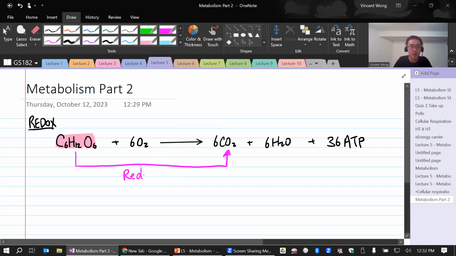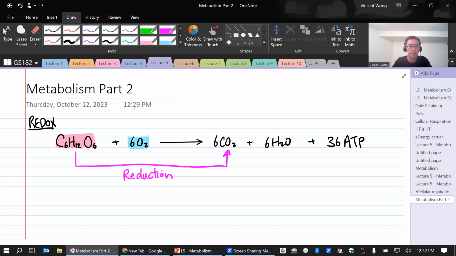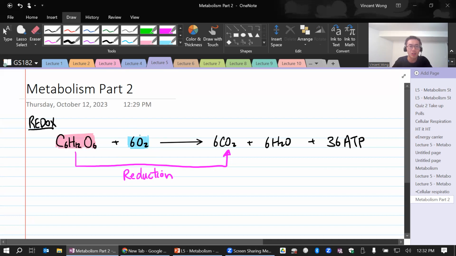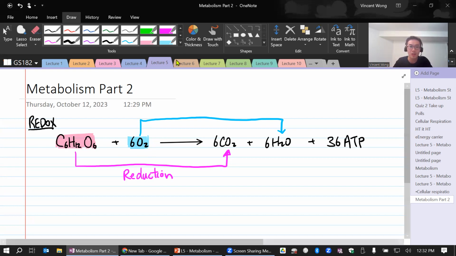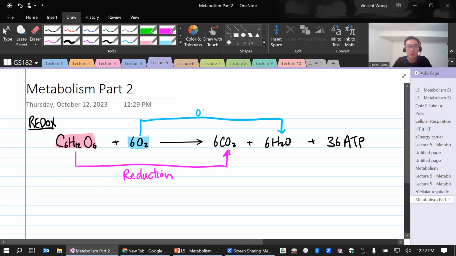Excuse me, so this is reduction. And ultimately, those electrons will end up being on the oxygen. We haven't learned about that part yet.